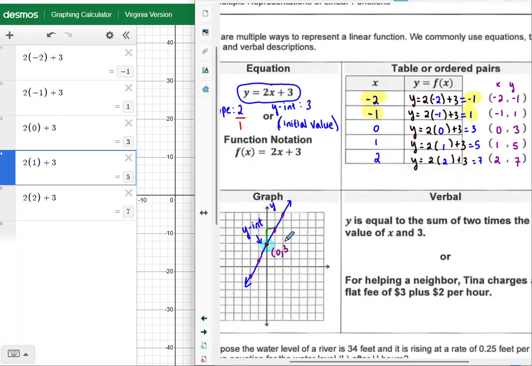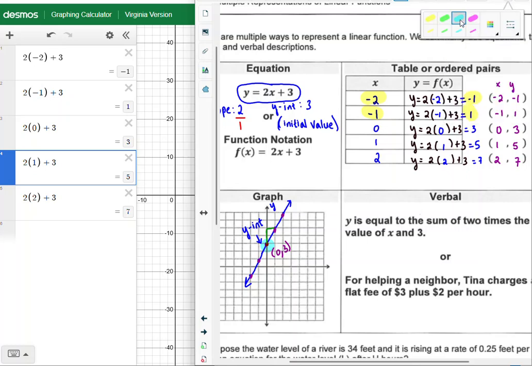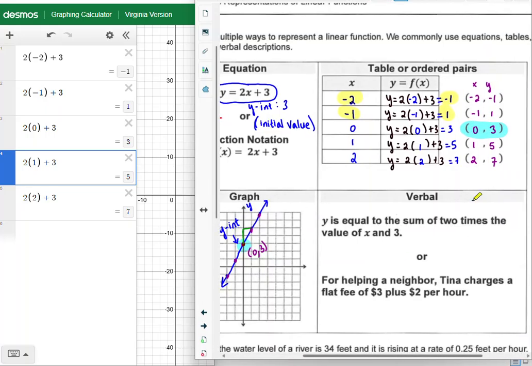Okay, I want you to notice that when I look at just the table, I can tell that this is the y-intercept, because on any y-intercept, the x-coordinate is always 0.